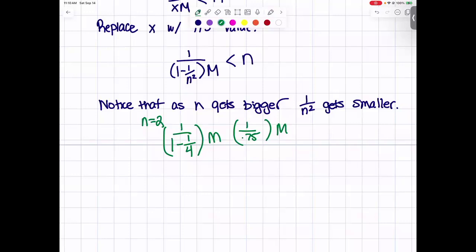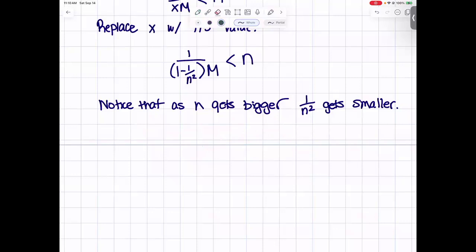Now, yes, in theory, this does work, but we still have one more case that we want to just discuss for a second. So therefore, n needs to be greater than 2. We're going to pick 2.1, right?